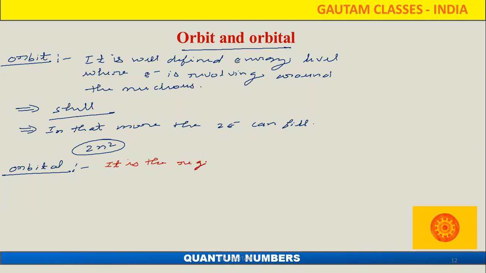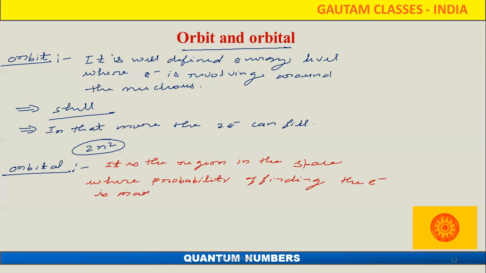Where the probability of finding the electron is maximum, that is called the orbital.